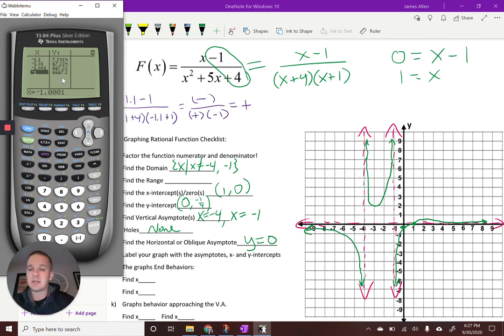So perhaps as a test question, we could say, given this table of values, what's happening in our graph? What can you conclude about the graph? Well, you could say it appears that there's going to be a vertical asymptote at x equals negative 1, and the graph, as it approaches from the left, is going towards positive infinity.